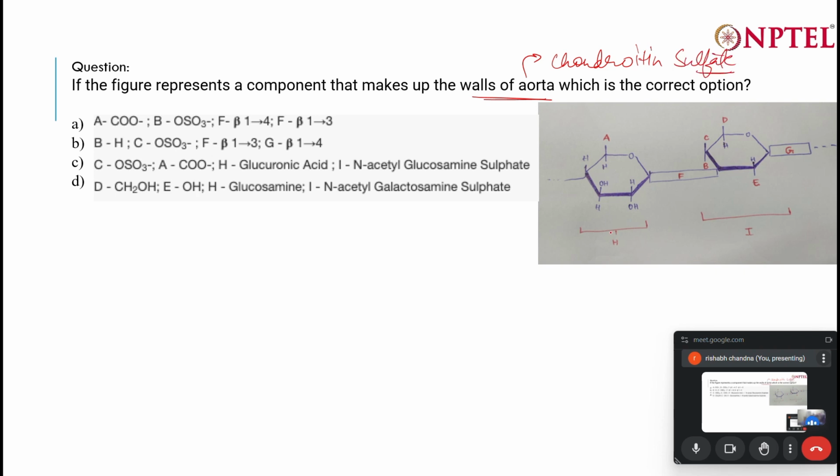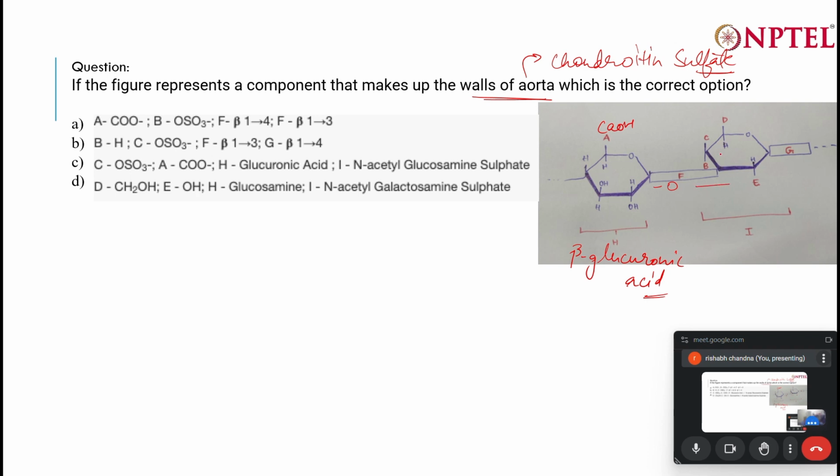Now look upon the structure of this particular thing. In chondroitin sulfate, A turns out to be COOH. So H turns out to be beta glucuronic acid. Then F turns out to be an O bond between 1 and 3.